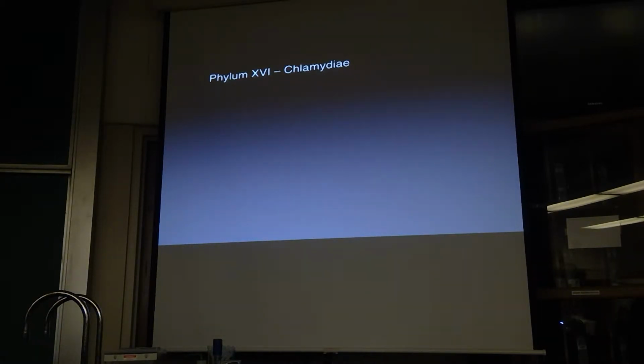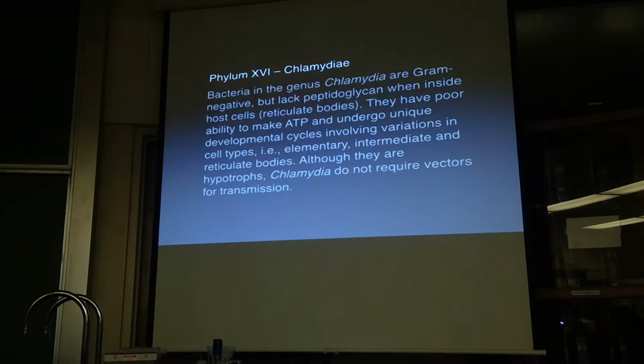Okay, moving to the next phylum, the phylum Chlamydiae. Notice the spelling at the end, IAE. The genus that's important is Chlamydia, so it's still spelled the same but missing the E on the end. Anyway, these are gram-negative. They don't have peptidoglycan when they develop inside a host, so these are pathogens.